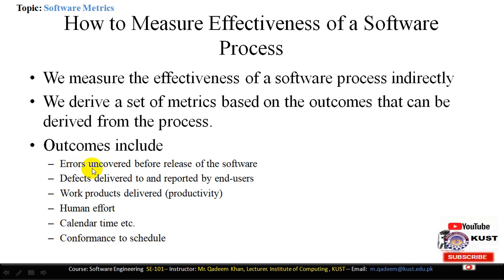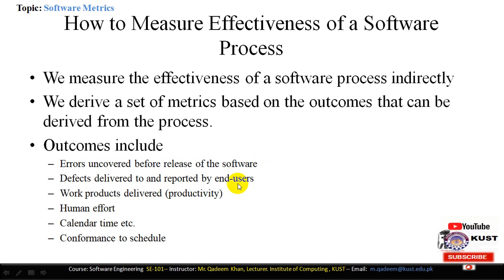Outcomes include errors uncovered before release of the software. That means all errors which are uncovered and handled before the system was released. So that is also one sort of metric which shows how good or bad the quality of the software is. Then, defects delivered to and reported by end users.